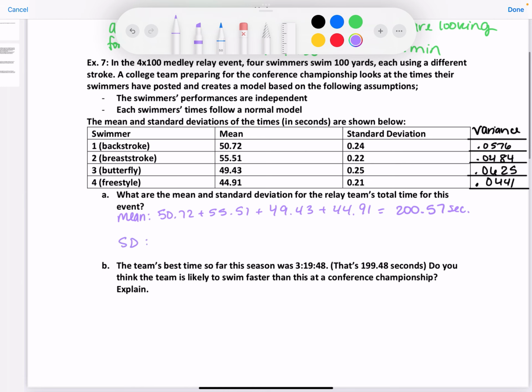So it would be the square root of 0.0576 plus 0.0484 plus 0.0625 plus 0.0441. And that gives you 0.46 seconds.